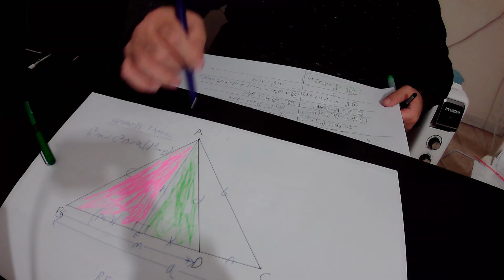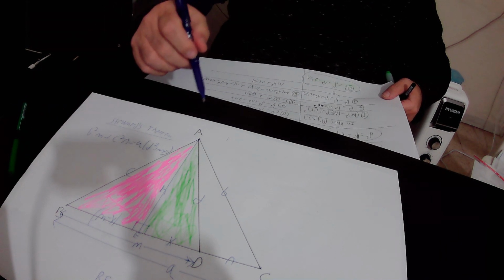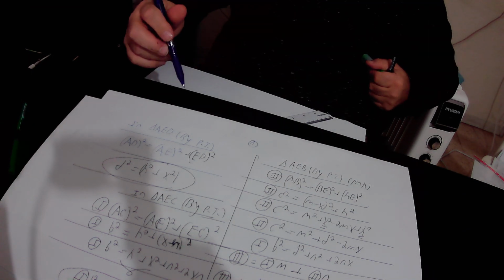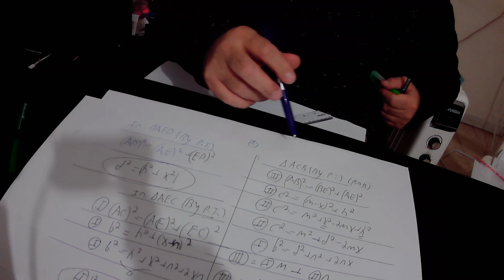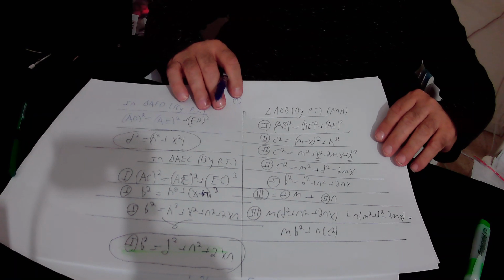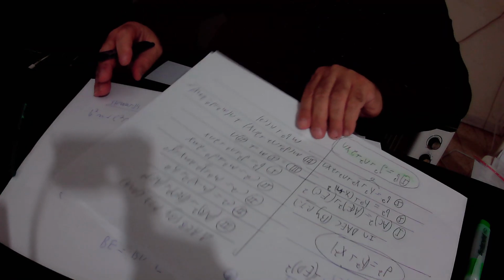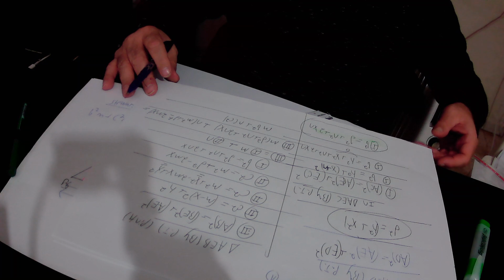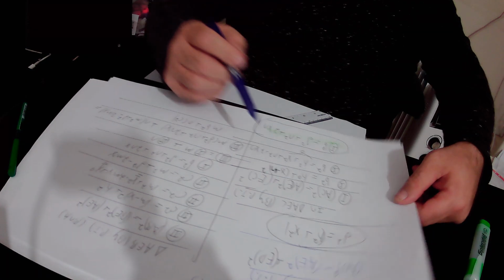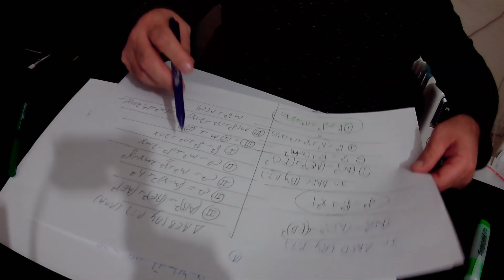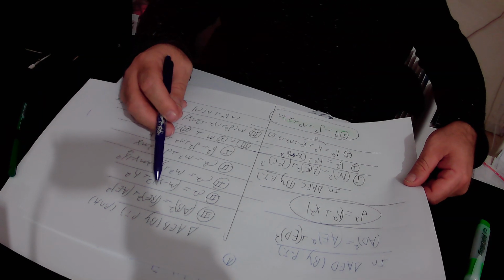In this pink triangle, triangle ABE, according to the Pythagoras theorem, AB square equals BE square plus AE square.